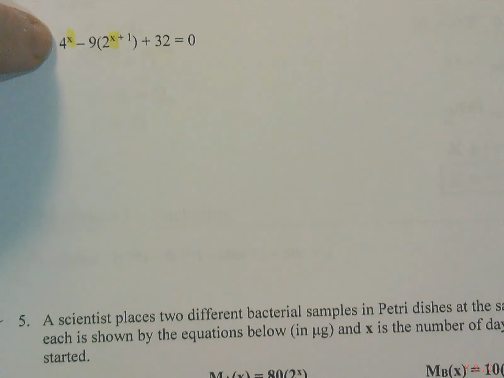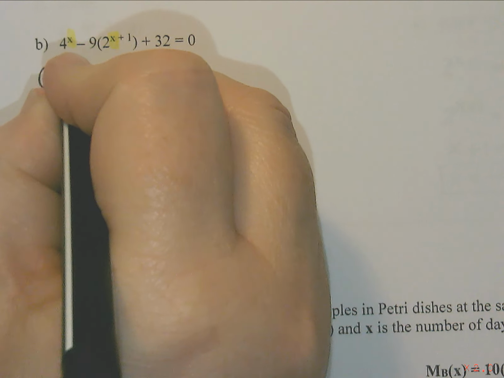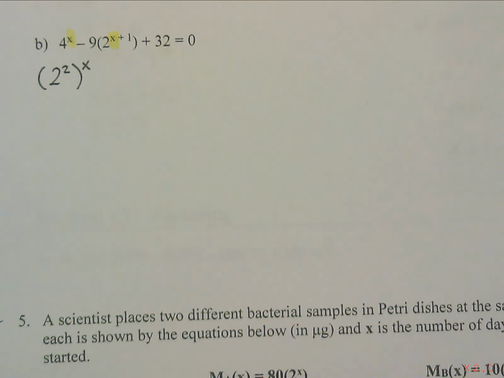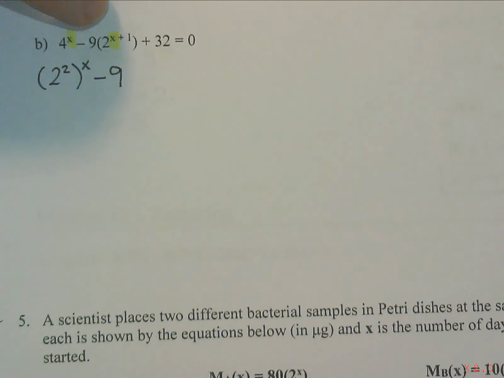So I know that 4 is the same as 2 squared. So I'm going to rewrite this as 2 to the power of 2, and then that is to the power of x. Take away 9. Now this does have a base of 2, which is good, but I would like to break that up into 2 to the x times 2 to the 1.